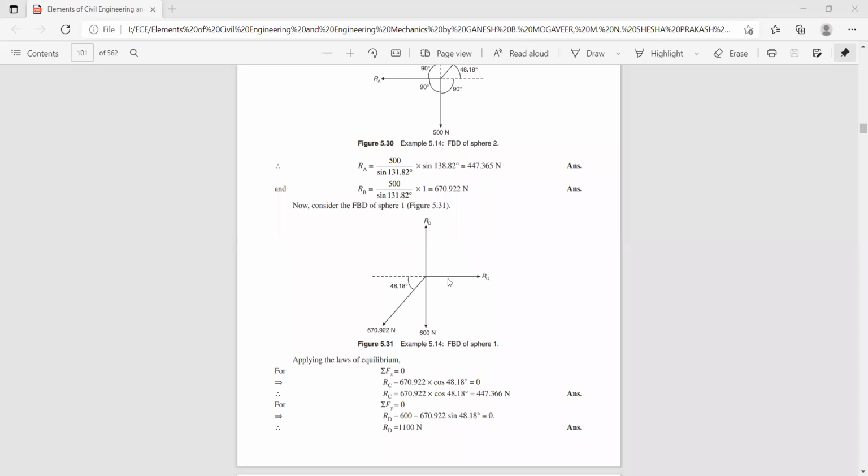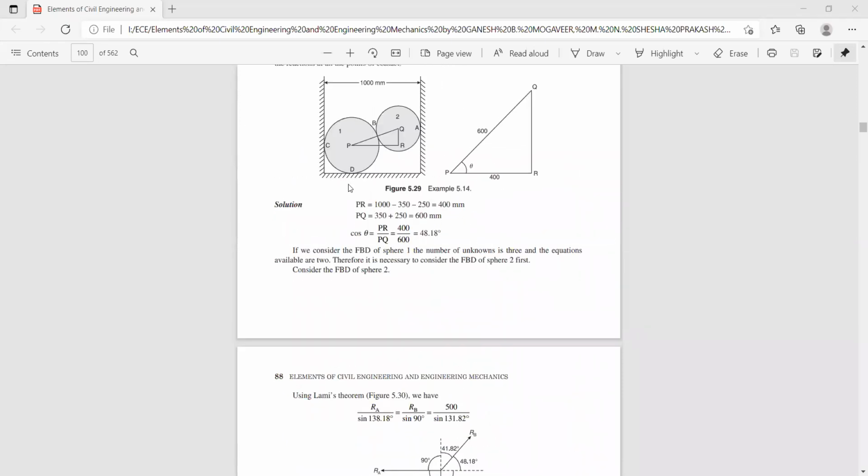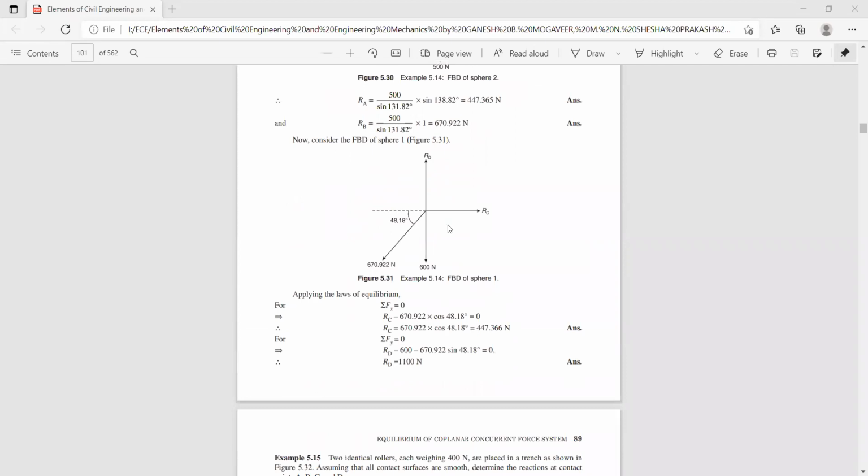You have a reaction force RC acting like this, and you have a reaction force RD. This is RD and this is RC, and you have a reaction force RB acting in this direction and at this angle, and the weight of this sphere acts vertically downwards. Now this is the force RB, which is acting like this, making an angle 48.18 degree with respect to horizontal.